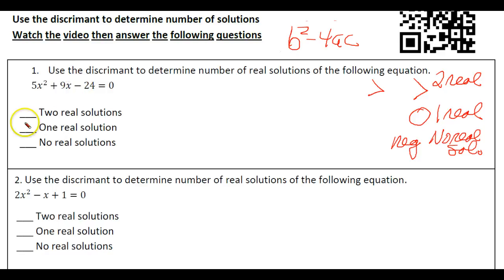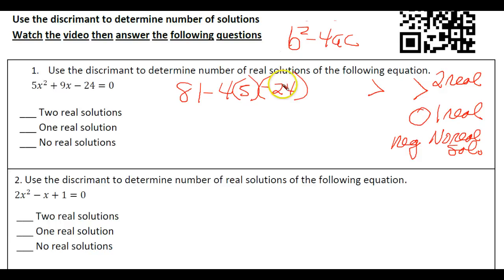So this is what they're asking here. When you do the discriminant, and all you have to do is substitute, b squared is going to be 81 minus 4a, which is 5, and then c, which is a negative 24.